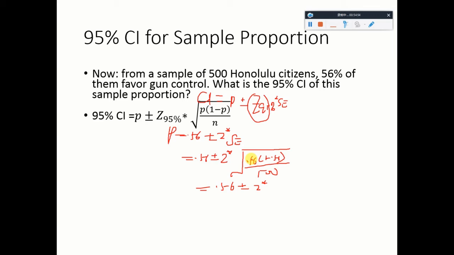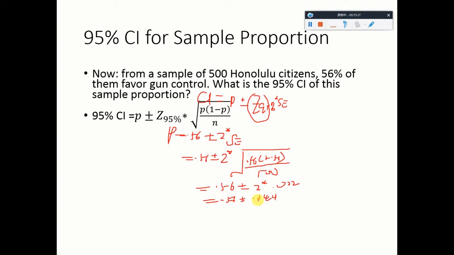So it will be about, if I did this correctly, 0.022, right? So it will be 0.56 plus minus 0.044.